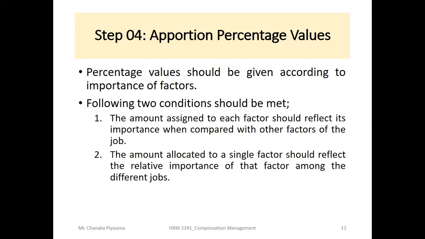For the relatively important factor, we need to allocate a higher percentage value. For a relatively less important factor, we need to allocate a relatively lower percentage. The amount allocated to a single factor should reflect the relative importance of that factor among the different jobs.